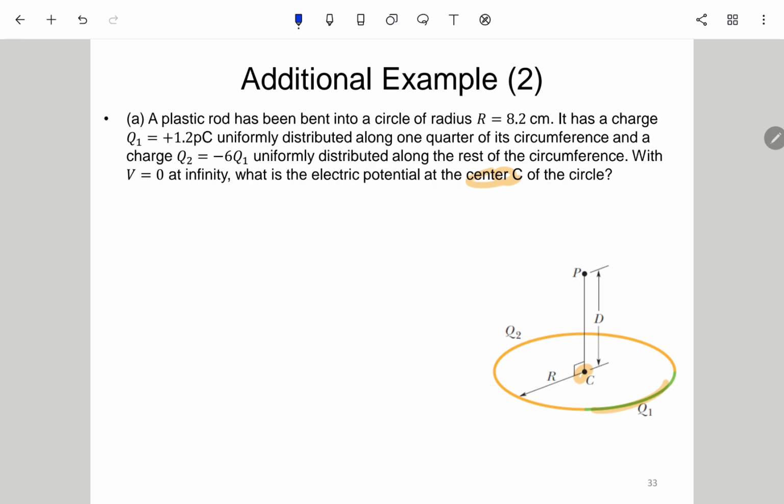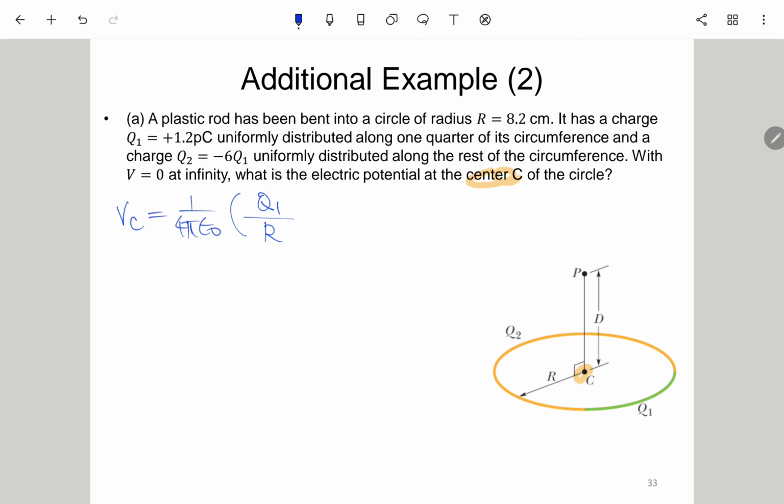It will be easy, because for all the small charge to the center point, it is just a constant R. So VC is nothing but 1/4 pi epsilon naught, which is k, times, for this green part, we altogether have Q1 charge, so this is nothing but Q1 over this capital R.